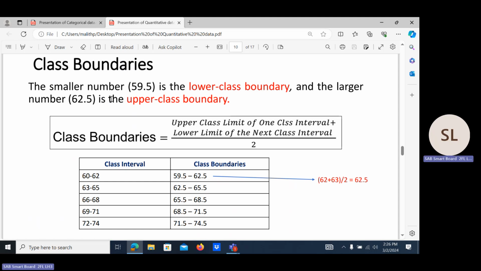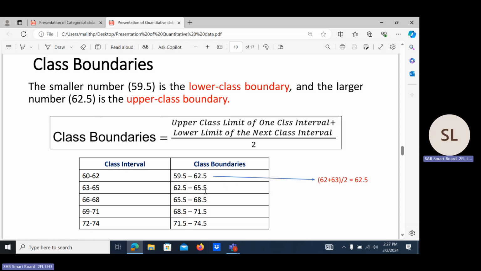Okay, how to do that? The upper class limit of one class interval plus the lower class limit of the next class interval, divided by 2. The first one is 62 and the next class interval's lower limit is 63. Then 62 plus 63 divided by 2 gives 62.5.